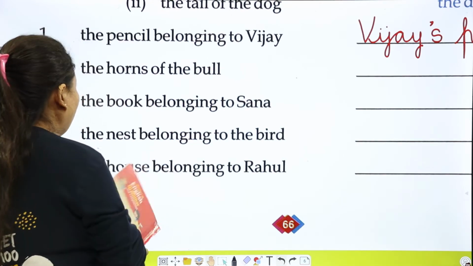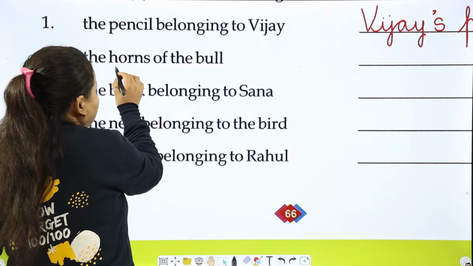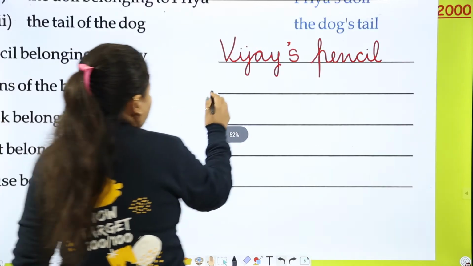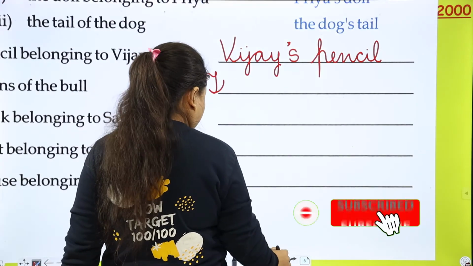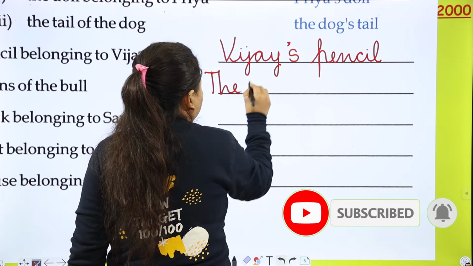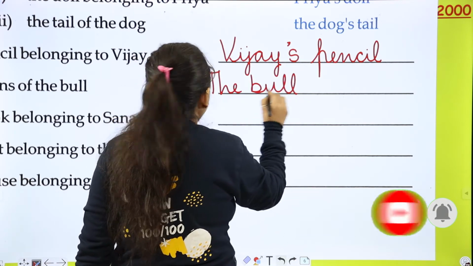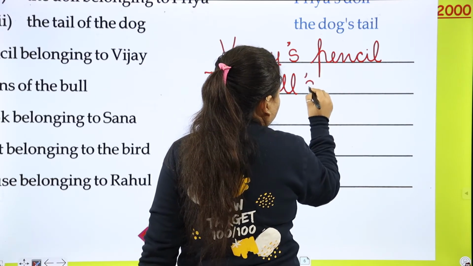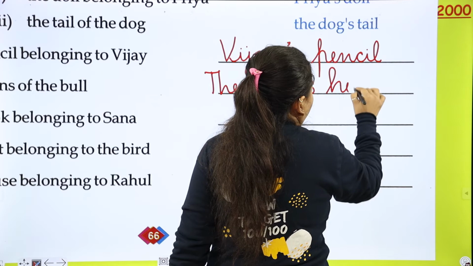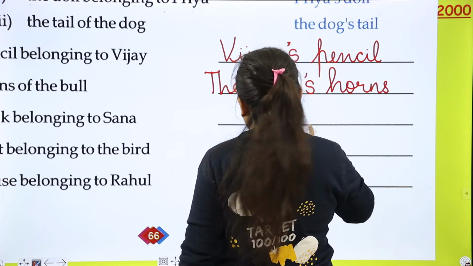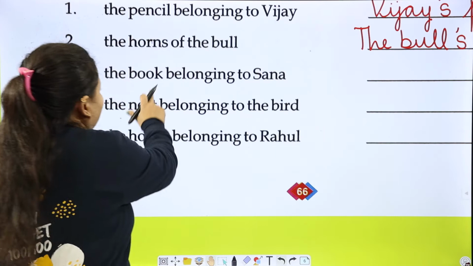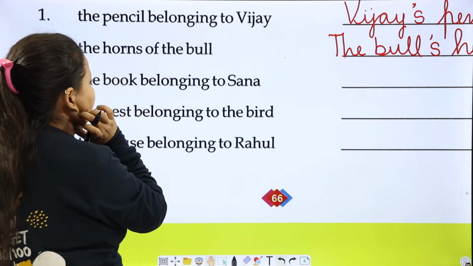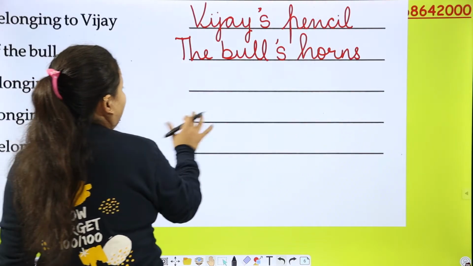Now next is the horns of the bull. The horns belonging to the bull. Here the bull is a singular noun, so apostrophe S, bull's horns. The book belonging to Sana, Sana's book.